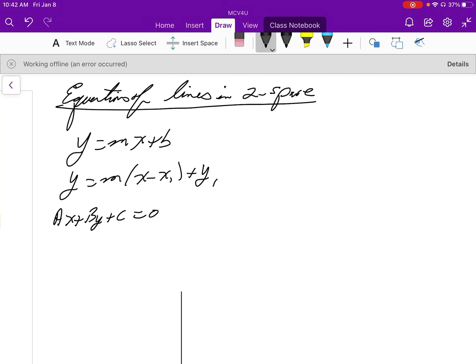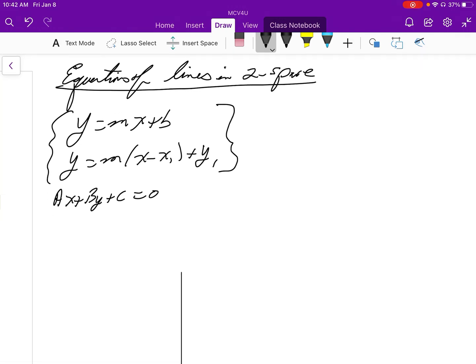Well, when we go from 2 dimensions to 3 dimensions, the first 2 line equations fail us. The reason why they fail us is that the m represents the slope, and the slope is basically 2 dimensions. When we go to 3 dimensions, we can't really talk about the slope in that same sense. So what we're going to have to do is recreate the equations of lines in terms of vectors.